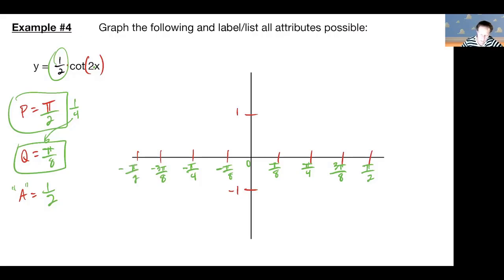And I say that because since it is indeed cotangent that we're dealing with, we know since it has the O, we're going to start at 0 for our asymptotes. And because we know the period is going to be pi over 2, I know I have to get all the way over here.